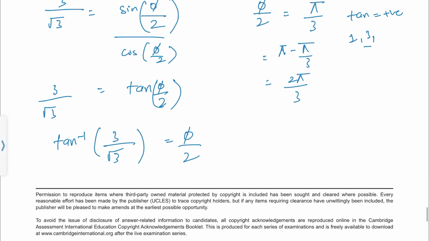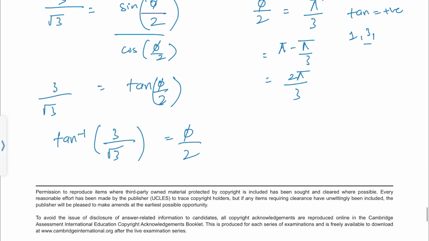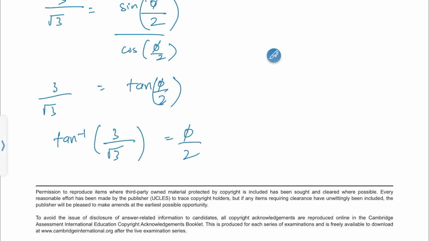So we'll be getting our value as 2 pi by 3 as well, and then we'll be solving this. Wait, let me just check it a little bit.